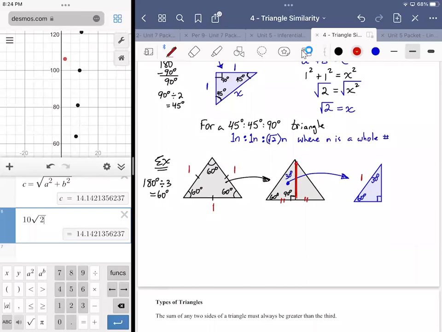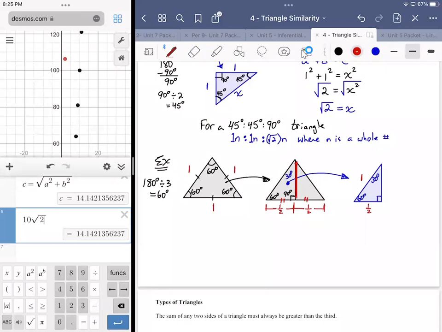So if all 3 sides are equal to 1, then each segment of the base is going to be half of that, because they're equal in measure and they have to add to 1. So each one of these little pieces here is going to be equal to 1/2, which means that this side here is 1/2.